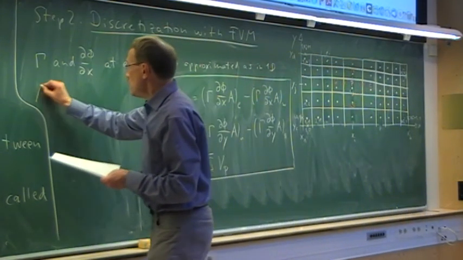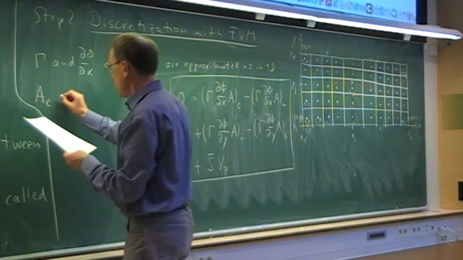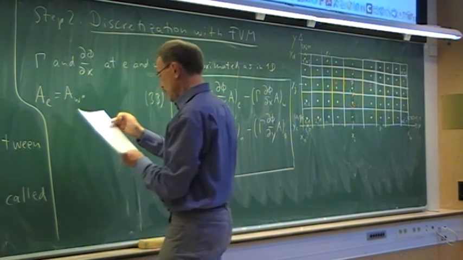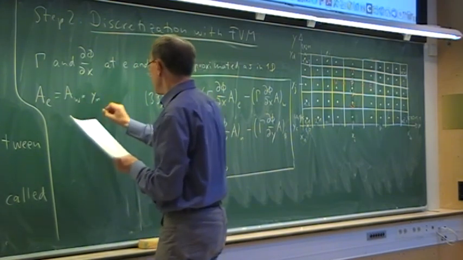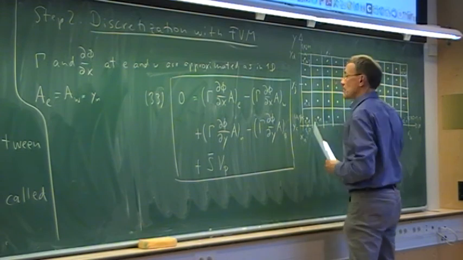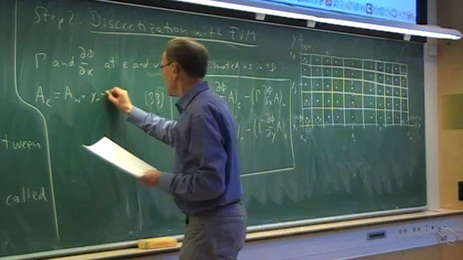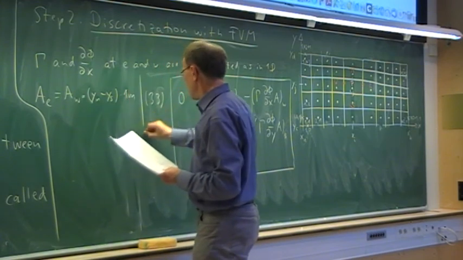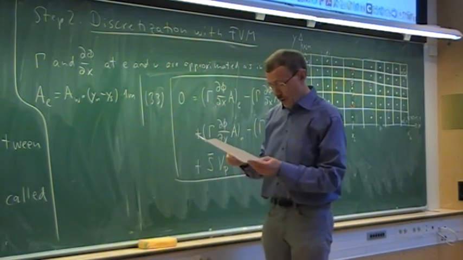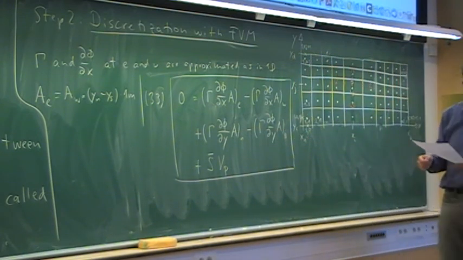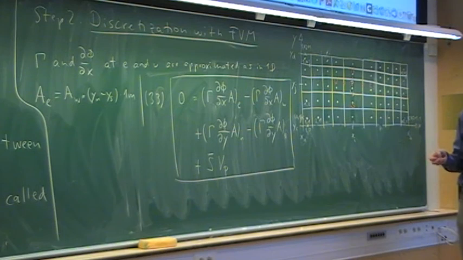The AE is equal to the AW, and that is then equal to the y at the northern face minus the y at the southern face times 1 meter in the z direction. And the gamma and the d phi dy are then approximated similarly.